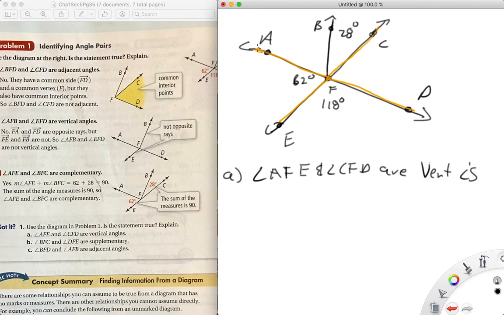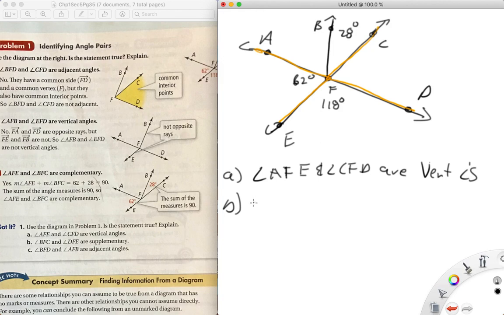So let's look at A and D, right? A and D go in opposite directions. They're opposite rays. And so FD and FA go in opposite directions, and then FC and FE also go in opposite directions. They form the crisscross or they form the X, and therefore they are vertical angles.